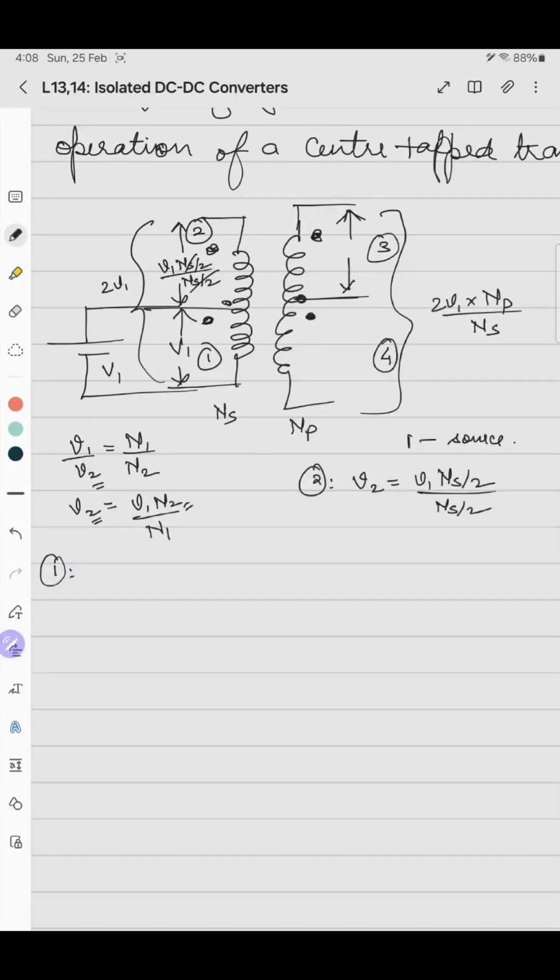For 1, what is the voltage V1? That is V1. And what is the number of turns? NP, sorry, that is NP by 2, not NS. NP by 2 divided by NP by 2.